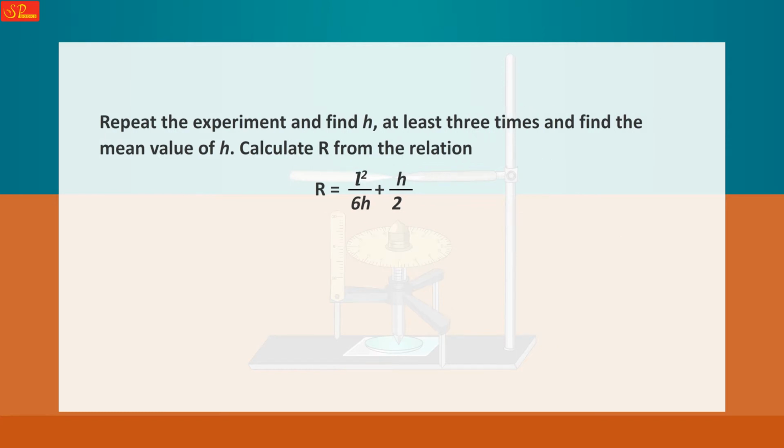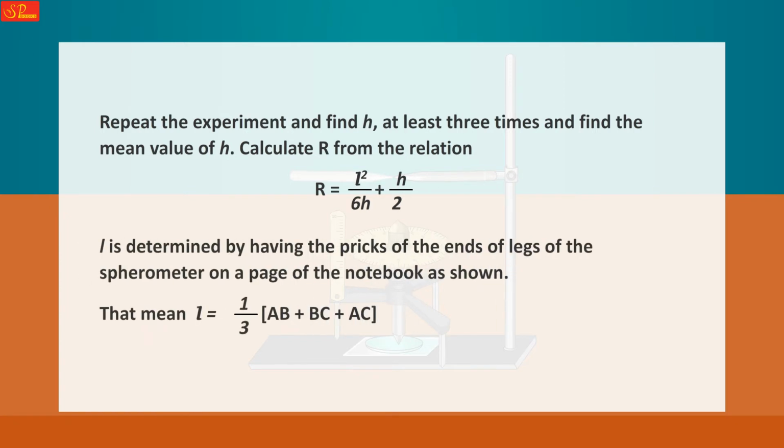Repeat the experiment and find h at least 3 times and find the mean value of h. Calculate r from the relation r equals l square by 6h plus h by 2. l is determined by taking the pricks of the ends of the legs of the spherometer on a page of the notebook as shown, then mean l equals 1 by 3 of AB plus BC plus CA.